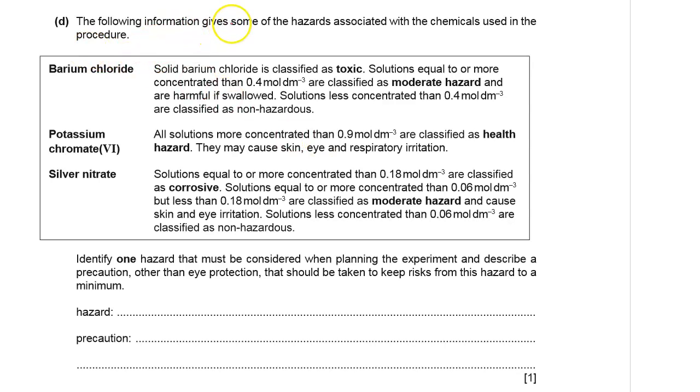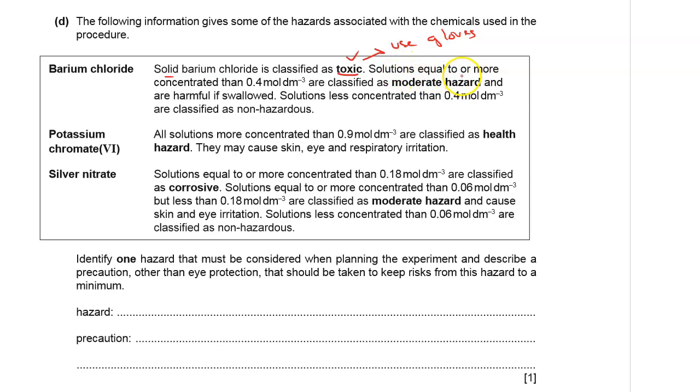The following information gives some hazards associated with chemicals used in the procedure. Barium chloride: solid barium chloride is classified as toxic. Of course, it's a solid, so when handling, use gloves, and of course, you need to dilute it before throwing it away.